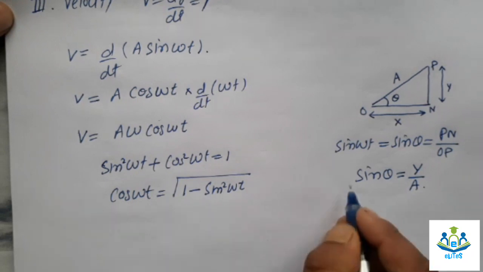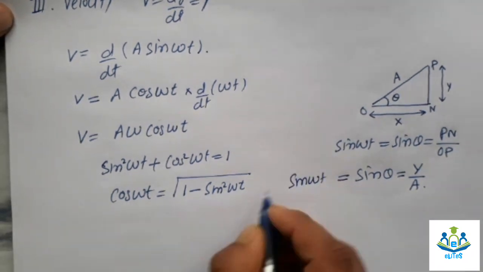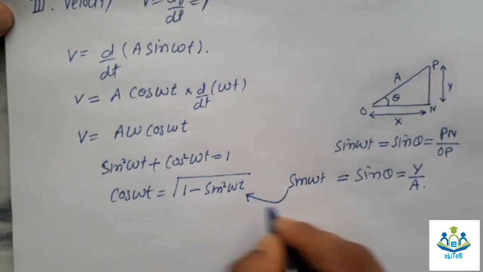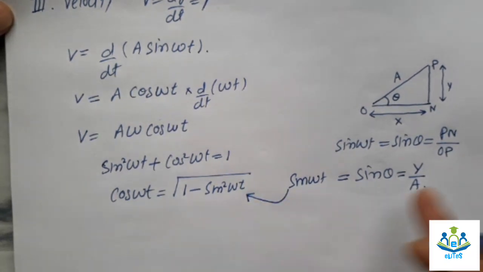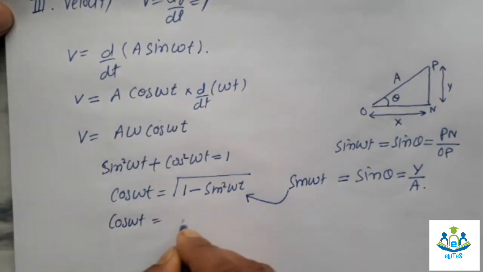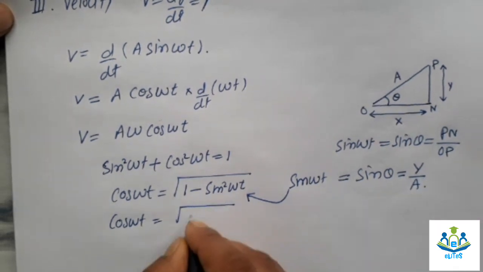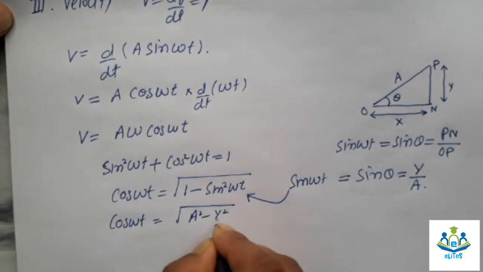Then cos omega t is the square root of 1 minus y square by a square, which is the square root of a square minus y square, divided by a.